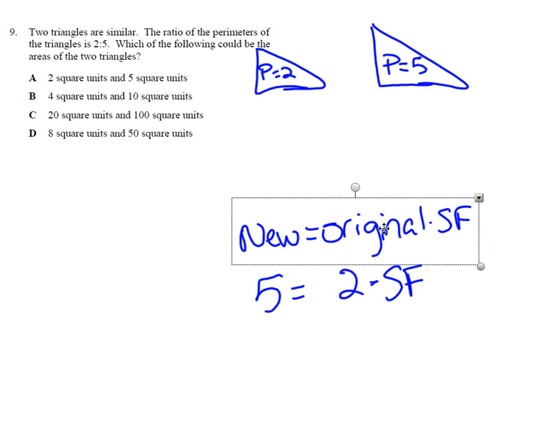But how could we get that? If we don't know what number times 2 gives us 5, we can work backwards and say what is 5 divided by 2? Which would be 2.5. So we can say our scale factor here is equal to 2.5. Okay?